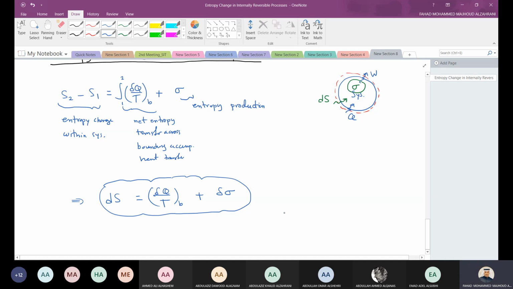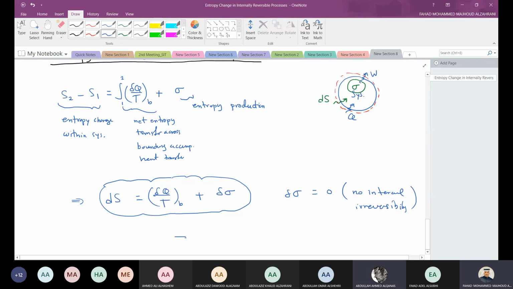If you notice, guys, if I have no entropy generated within the system, look how the entropy balance brings you back to the basic understanding, the basic concept. If I have no irreversibilities within the system, this delta sigma equals what? Zero. So I have no internal irreversibility.